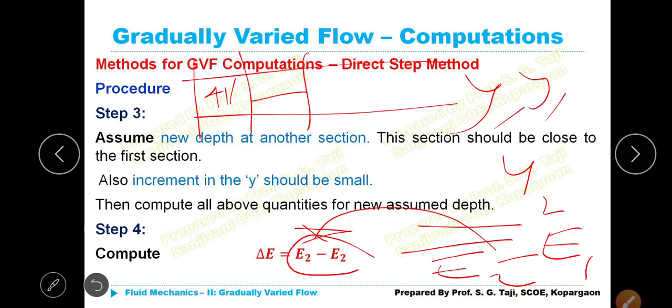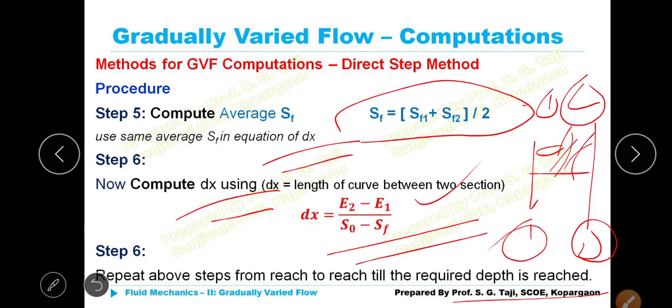Step 3, assume a new depth, at another section as close as possible to the previous one. Then compute all the above quantities as we did up to step 3. Then step 4, calculate delta E, which is E2 minus E1, the specific energy at the second section minus the specific energy at the previous section, that is Y1.